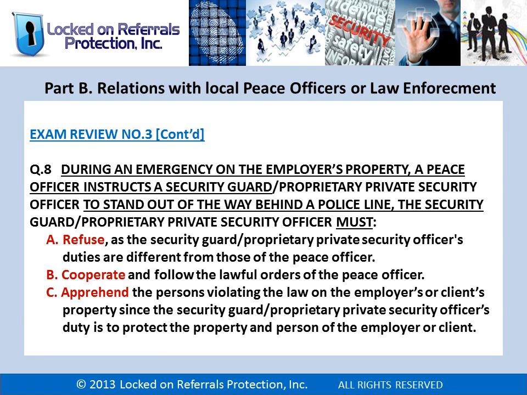During an emergency on the employer's property, a peace officer instructs a security guard to stand out of the way behind the police line. The security guard must A, refuse, B, cooperate, C, apprehend. Again, this is multiple choice. Read all these questions carefully and choose the answer that is most correct and write down the letter that precedes that answer.